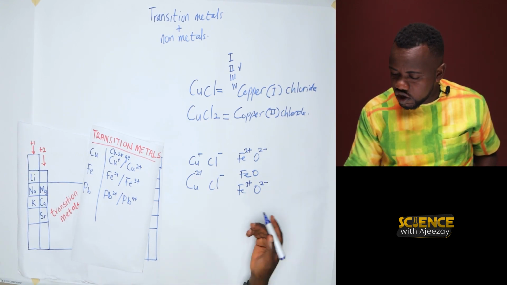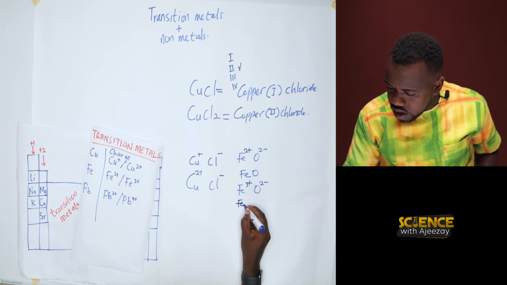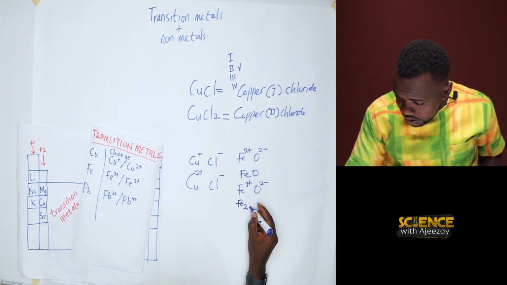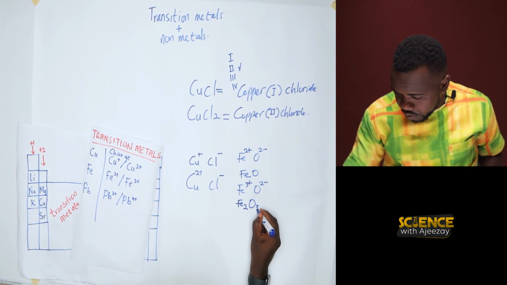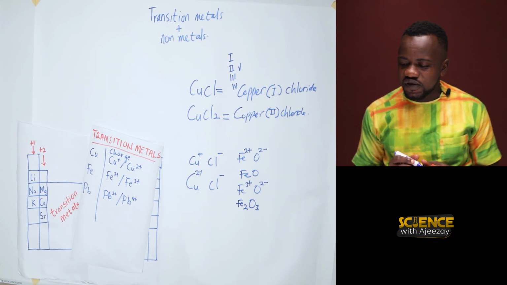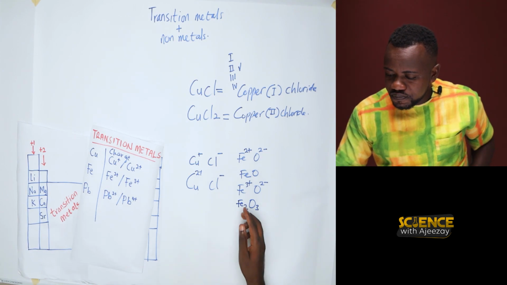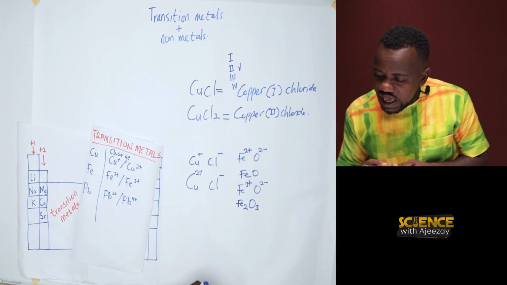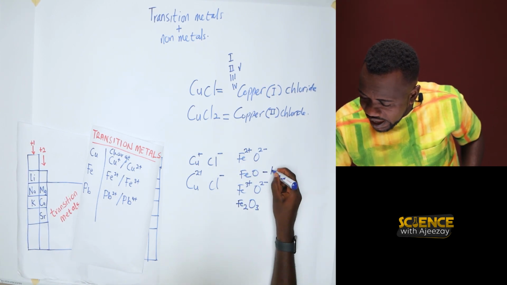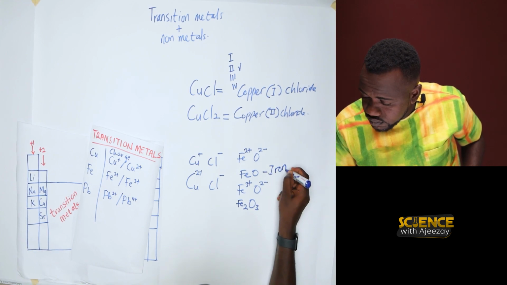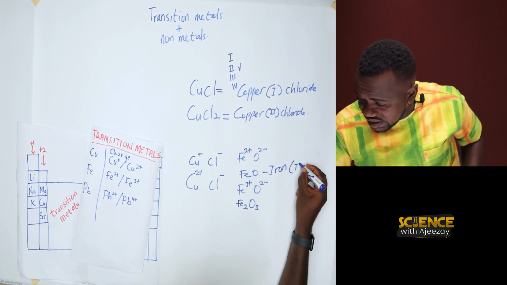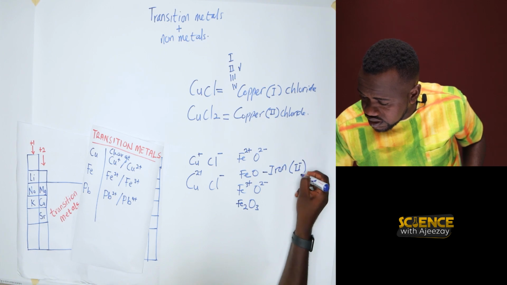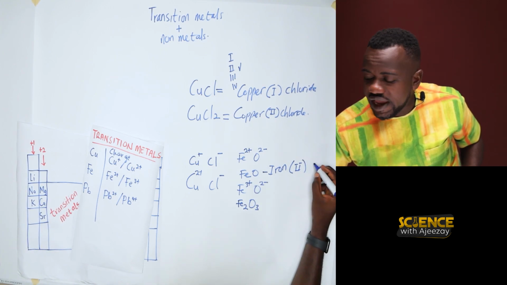Now they will interchange, so we are going to get Fe2O3. Now let's look at how to name this. First of all, we know that the iron here is 2+, so here you are going to get iron(II), and oxygen is oxide.